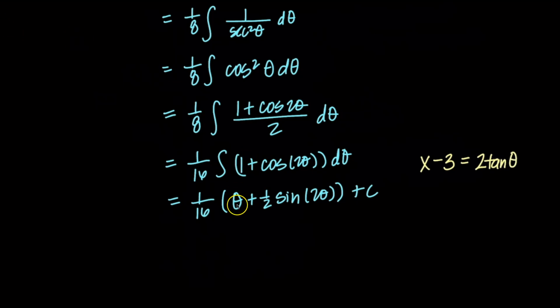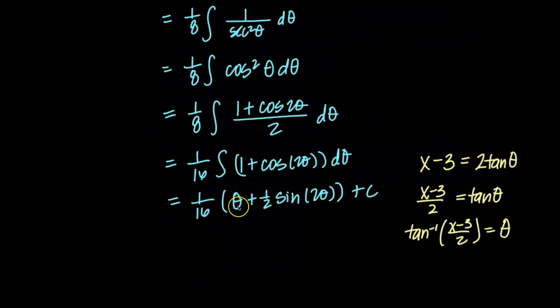We have to get now back into x. So we have to be able to find theta. Well, if I divide by 2, x minus 3 over 2 is equal to tangent theta. We can take tan inverse of both sides. So tan inverse of x minus 3 over 2 is equal to theta.